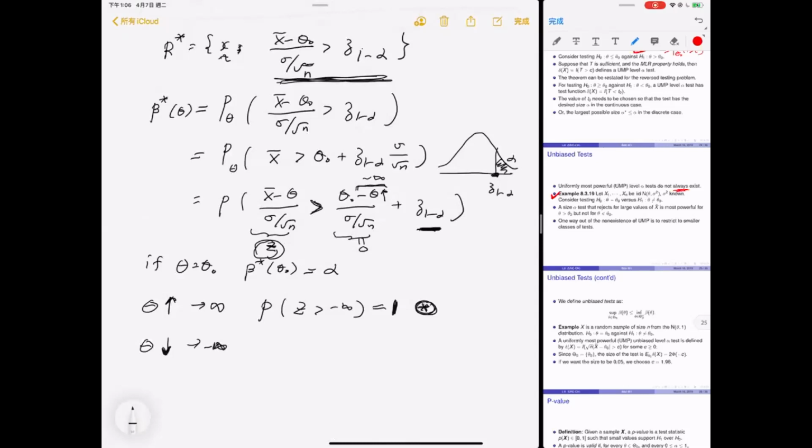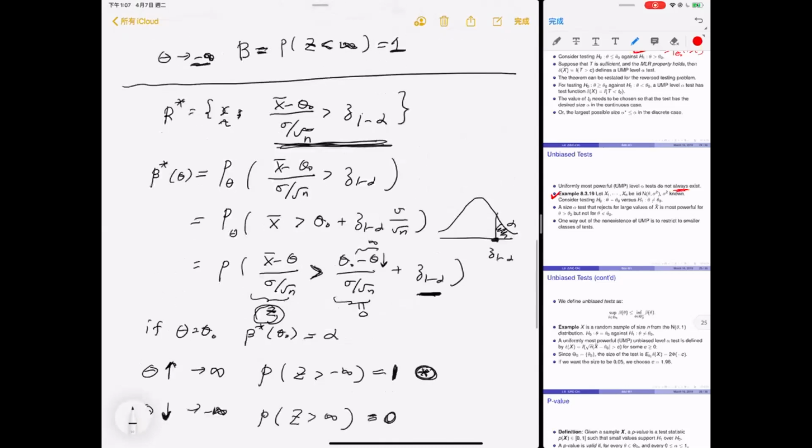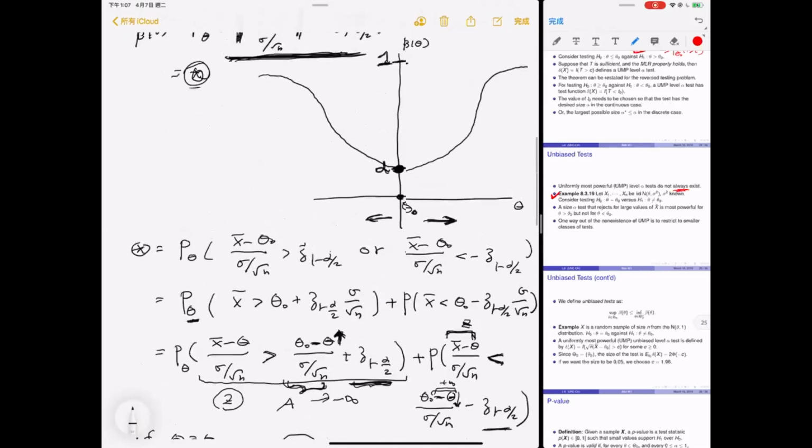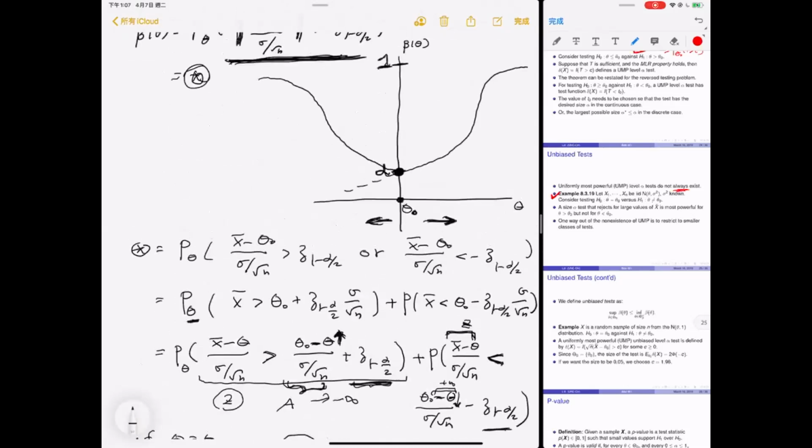If theta gets smaller and smaller and reaches minus infinity, that means the whole thing right here becomes positive infinity. That means you're talking about z bigger than positive infinity. Then it becomes what? It becomes 0. That means, imagine this test, if theta gets smaller and smaller, I'm going to have the power curve down here.